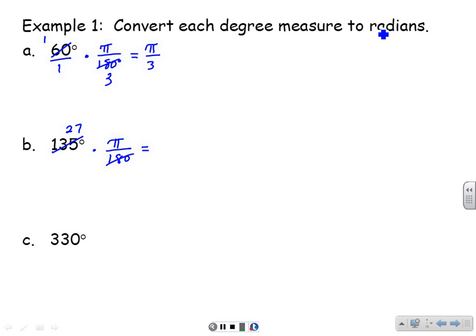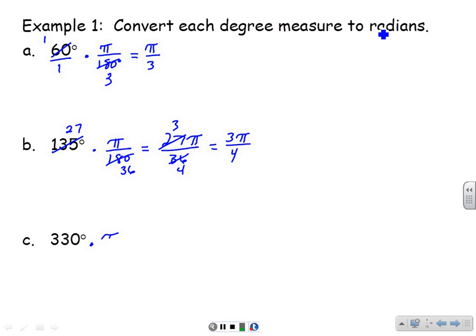And then 180 divided by 5, that's going to be 36. So we get 27 pi over 36, and that will reduce again. So 27 divided by, let's do 9, that's going to be 3, and 36 divided by 9 is going to be 4, so you're going to get 3 pi over 4.